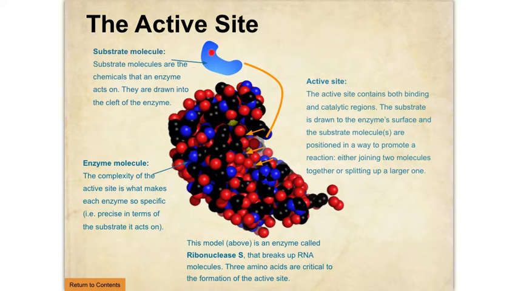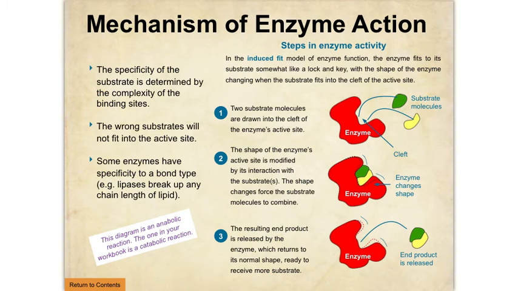Okay, here's an active site, more information about that. It's a substrate, so let's say this is ribonuclease S that breaks up RNA. So this would be the RNA molecule that comes in and it breaks apart the nucleotide there. The active site is where it's going to bind, it's the pocket where the substrate is going to sit.